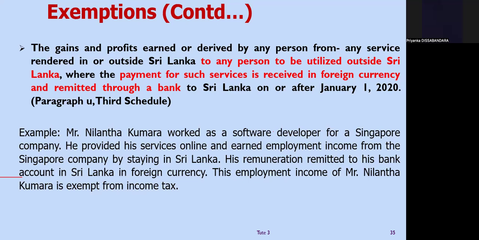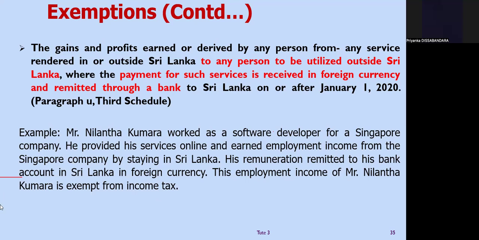He provides service to a Singapore company, that means outside Sri Lanka. His remuneration is remitted to his bank account in Sri Lanka in foreign currency. All conditions are fulfilled. Therefore, this employment income of Mr. Nilantha Kumara is exempt from income tax.